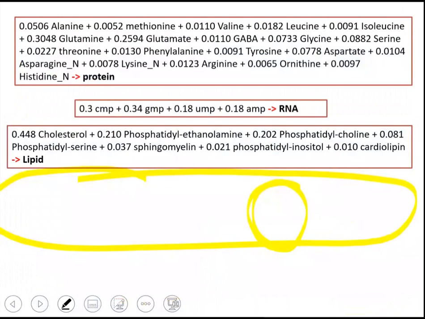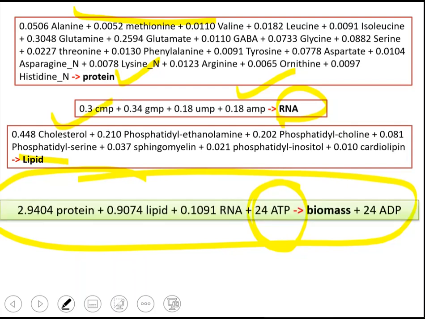So we have also written reactions for the formation of protein macromolecule from its building blocks, RNA from the building blocks, and lipid from the building blocks. So at the end we have 4 reactions. One for the synthesis of biomass from the macromolecules and 3 for the synthesis of macromolecules from the building blocks.